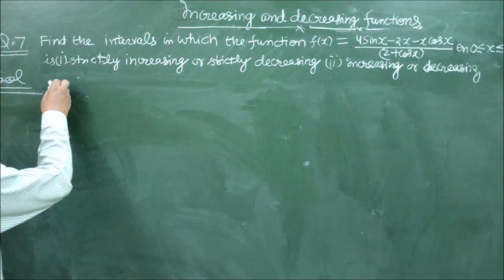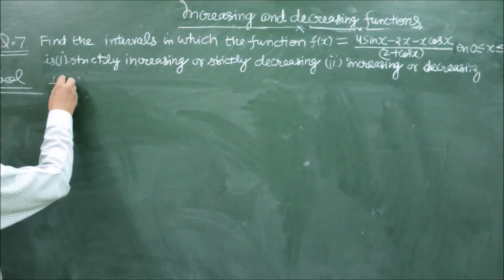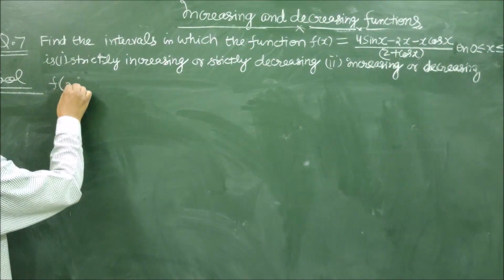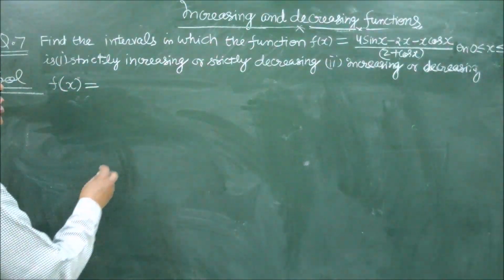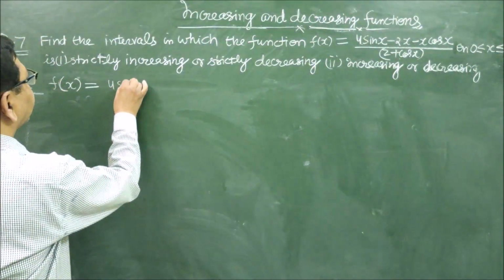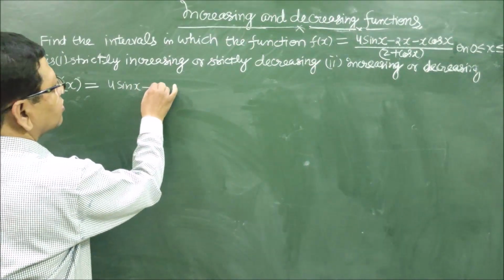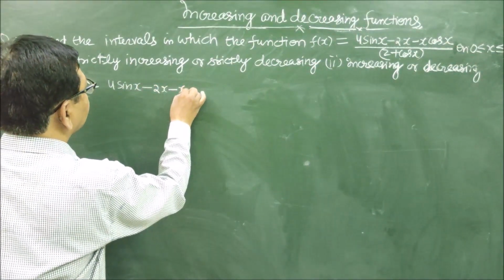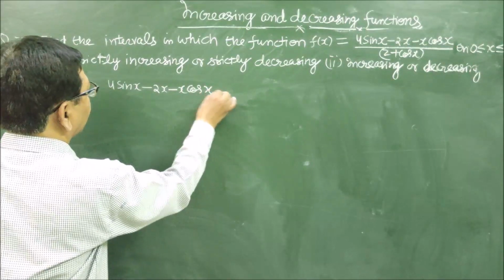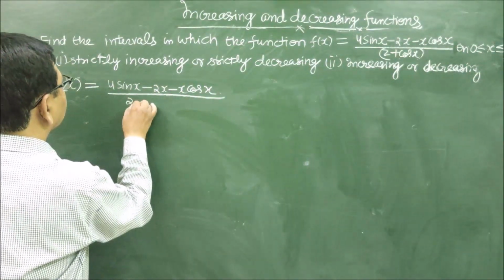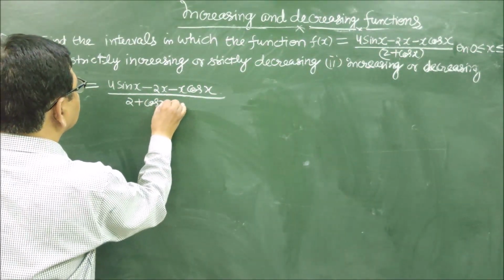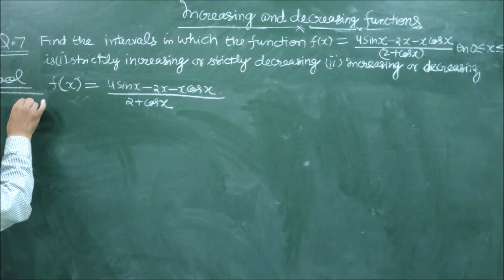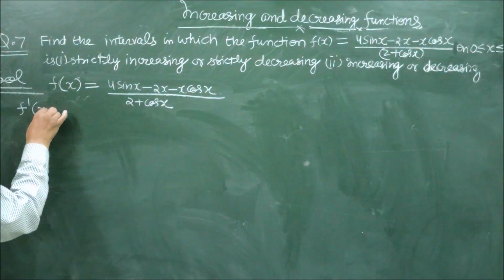So first let us write the function f(x) = (4 sin x − 2x − x cos x)/(2 + cos x). Now let us find the derivative f'(x).